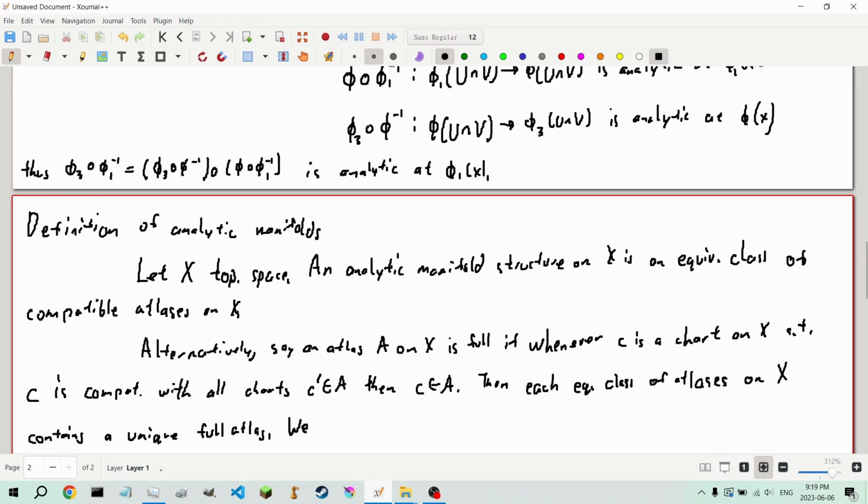So essentially we have this one-to-one correspondence between full atlases and these equivalence classes. We can therefore define an analytic manifold structure on X as the choice of a full atlas on X.